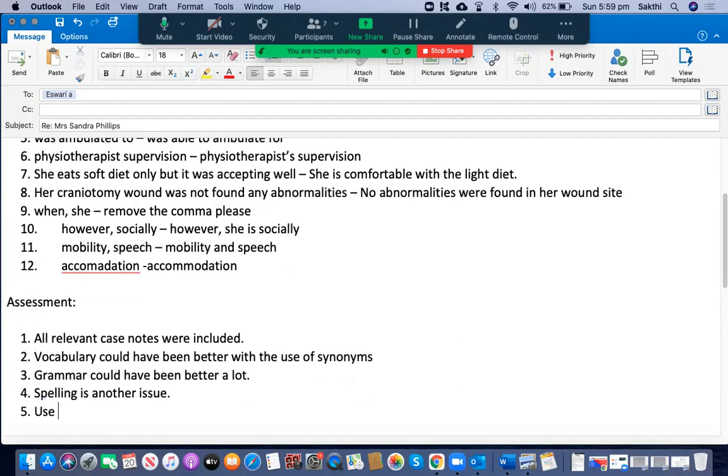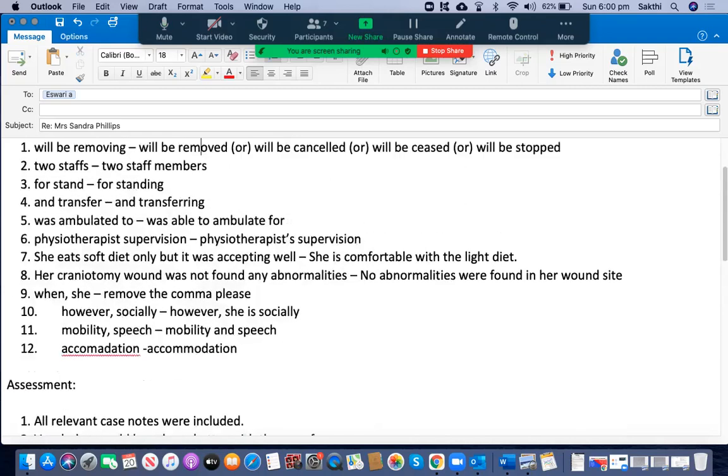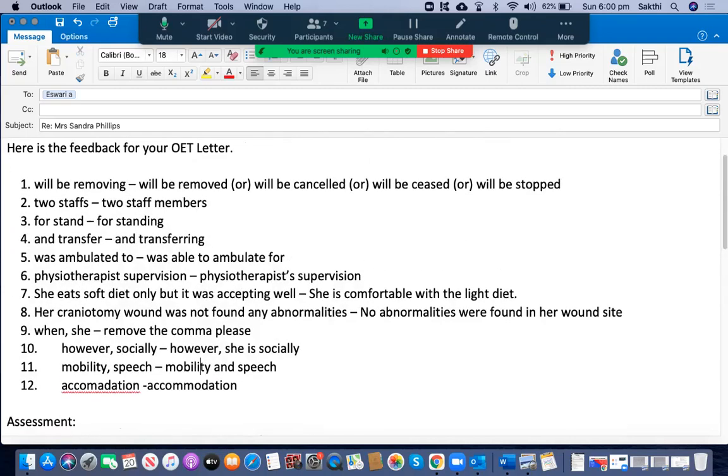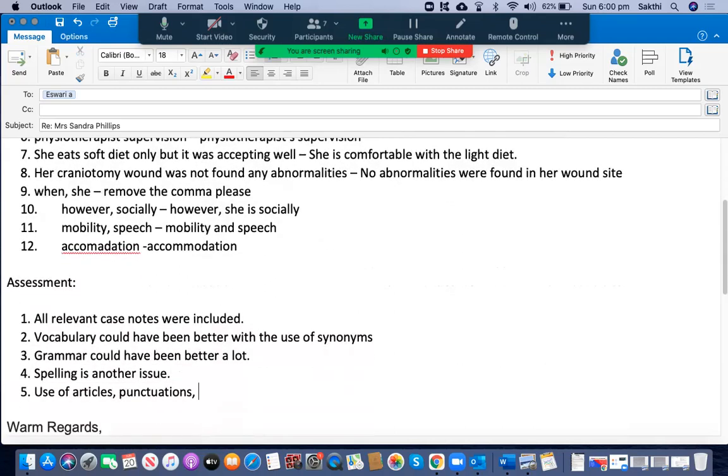So use of articles, punctuation marks, sentence structures, verbs, and nouns needs to be improved a lot.